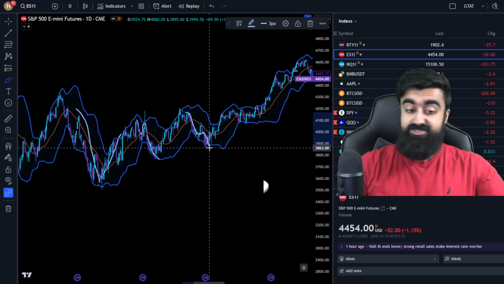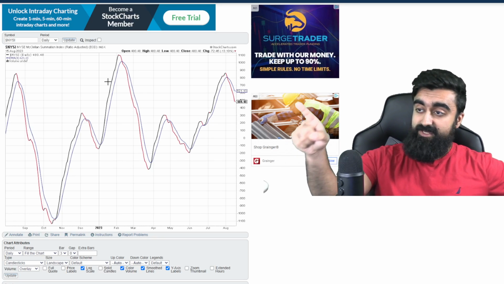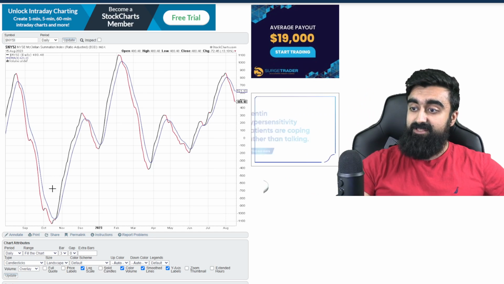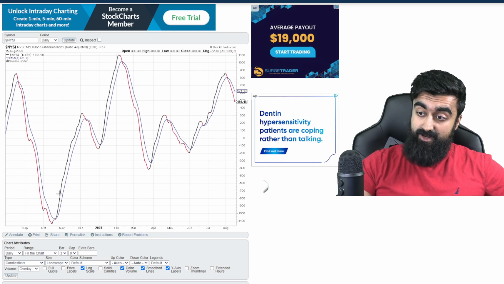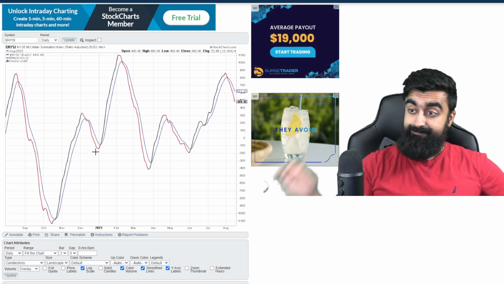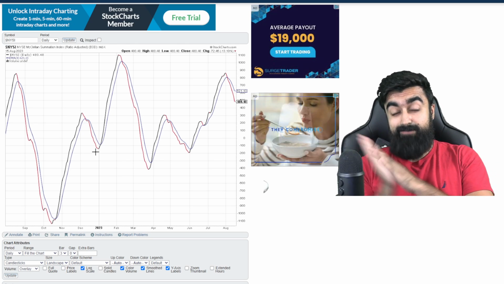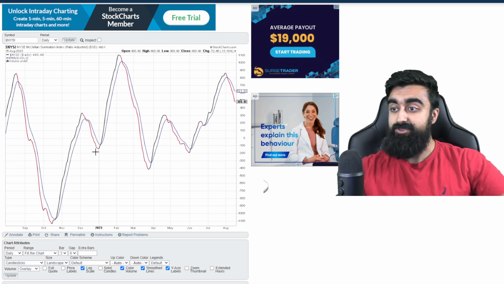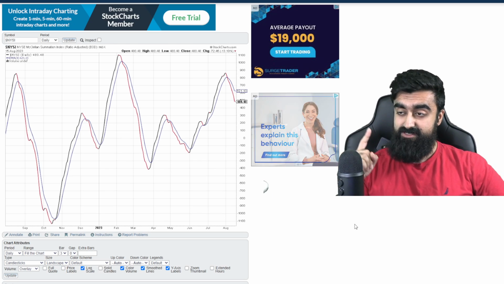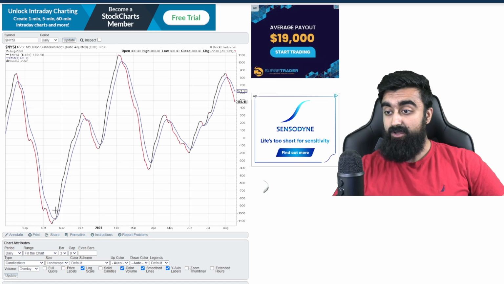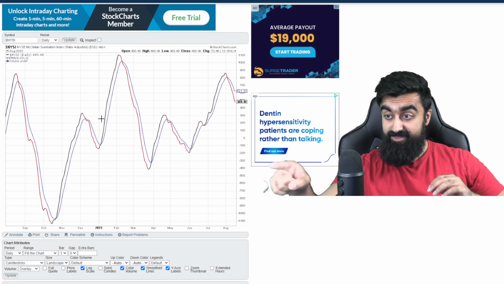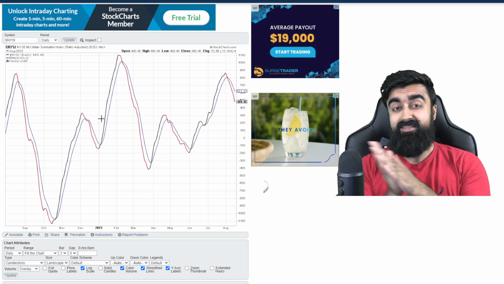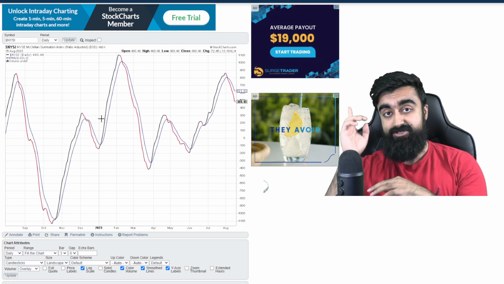Basically what this is showing is every time the McClellan either crosses above or crosses below, the momentum is either bullish or, at the very least, it's going to chop around. There are instances in the past where we would cross above on the McClellan, but it doesn't automatically translate into super bearishness.